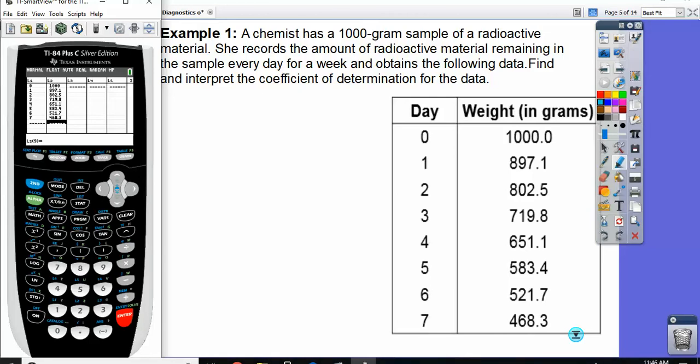Then we are going to run the linear regression, just like we did when we did lines of best fit or finding R. So you go to Stat, Calc, number 4. We enter through all of this.